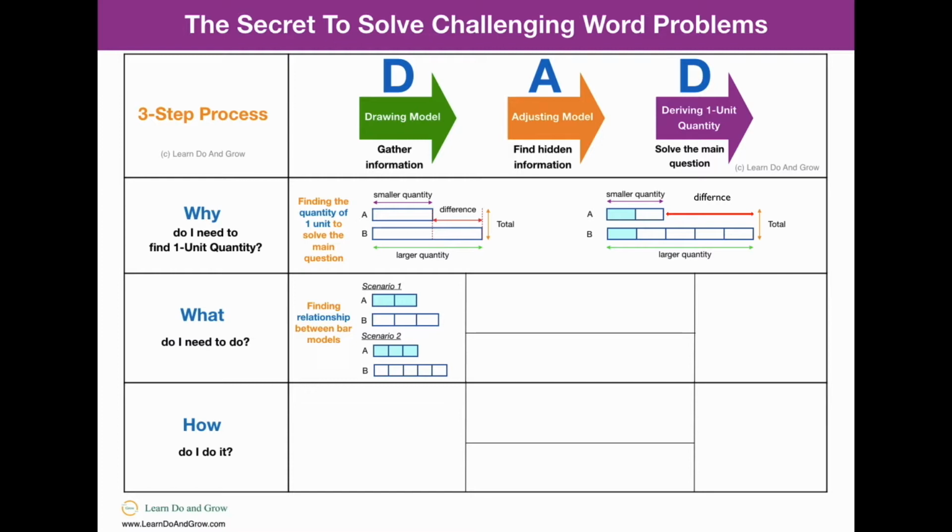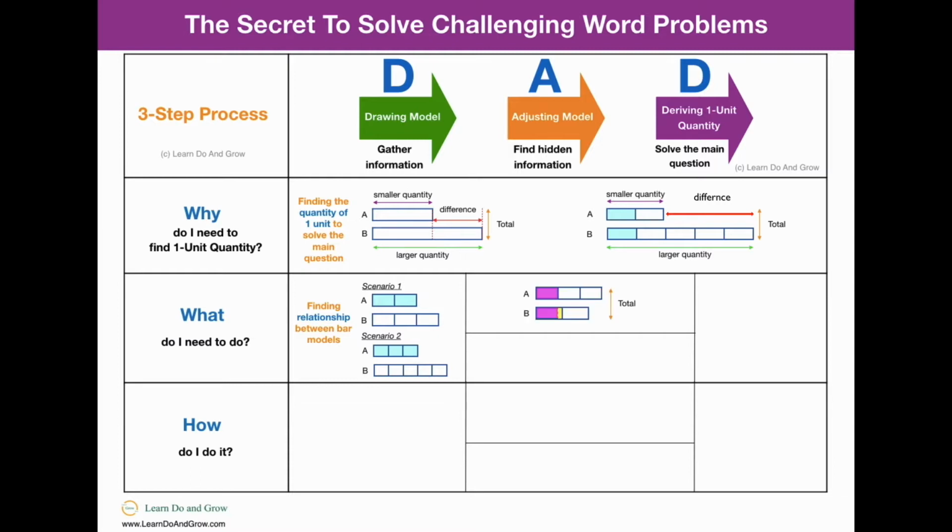You just need to know the relationship between the bar models. What I mean is, in scenario 1, this is the bar model. In scenario 2, this is the bar model. How do they relate to each other? The moment you can find that relationship, that is the time you can break the complex model into simple models, which later on I'm going to show you.